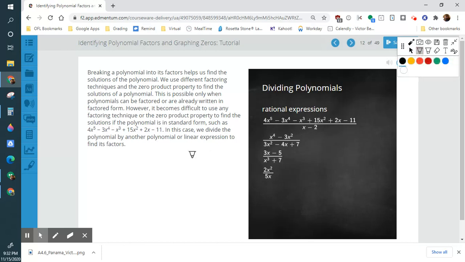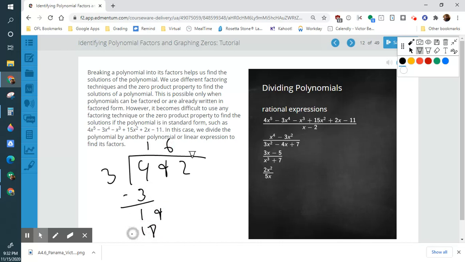So if you're familiar with dividing, like let's say I have 4,092 and I want to divide by 3, I would put a 1 here. 3, subtract, get a 1, 19, 6. 6 times 3 is 18.